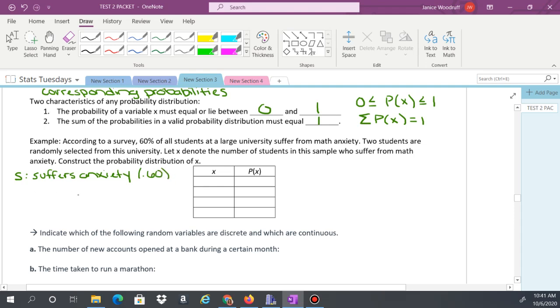The only other option is to not suffer, so let's make that N, not suffer. And if the probability that someone suffers is 60%, then the probability that someone does not suffer would be 40%. Those are your only 2 options. They have to add to 1. So 0.6 plus 0.4 would give us 1.